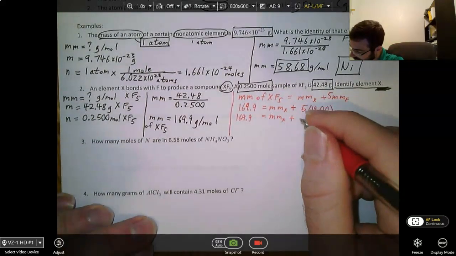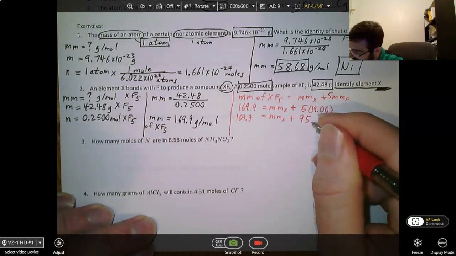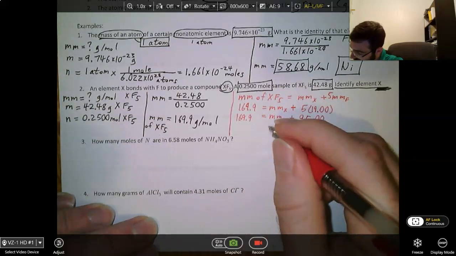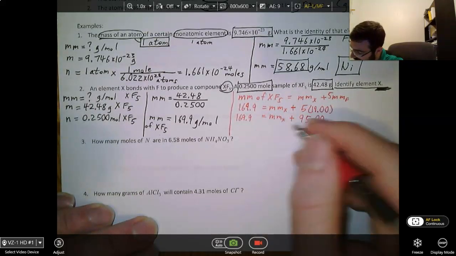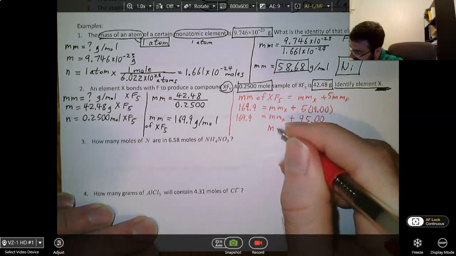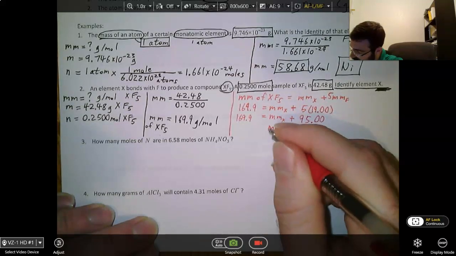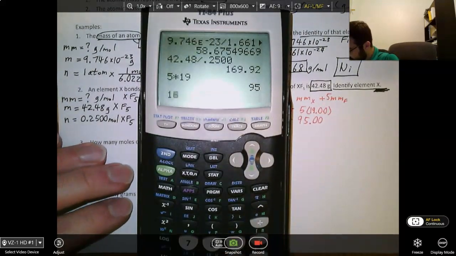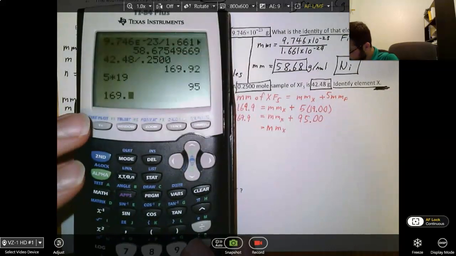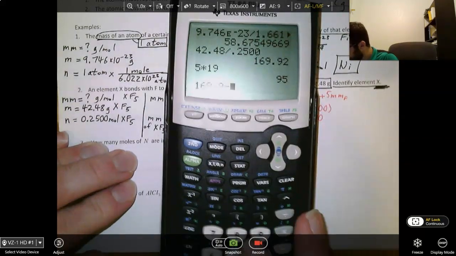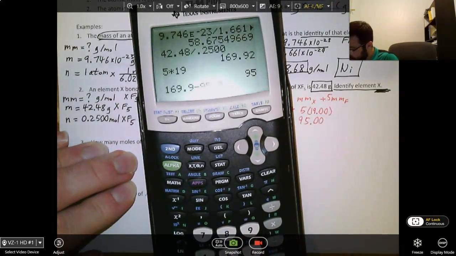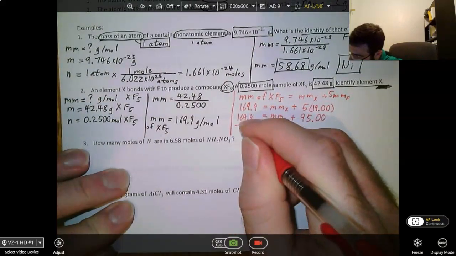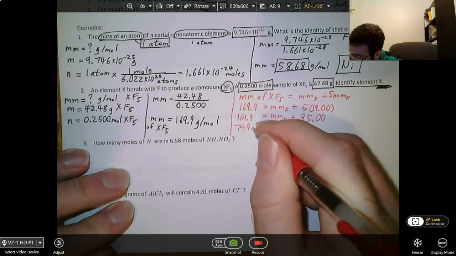I'm going to get 95.00. Our molar mass of X is just subtracting those two: 169.9 minus 95.00, and I get 74.9 grams per mole.